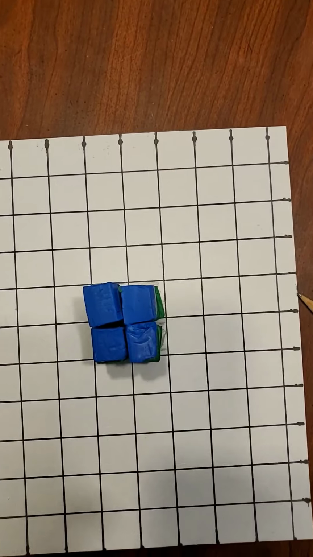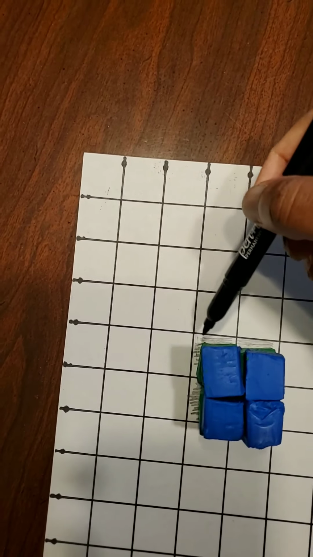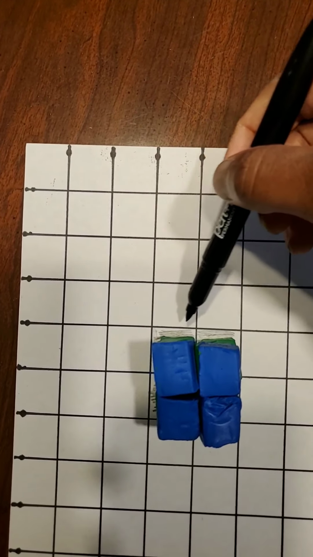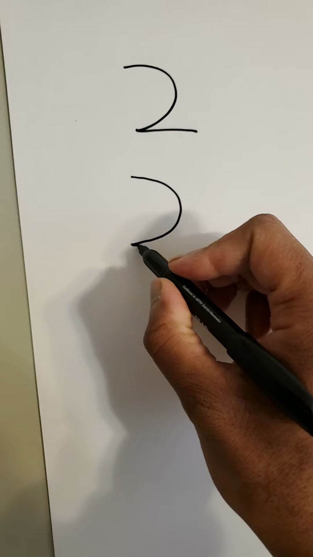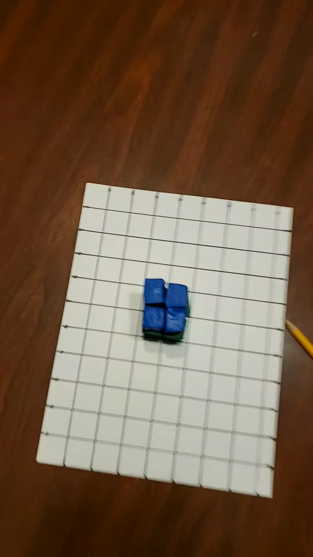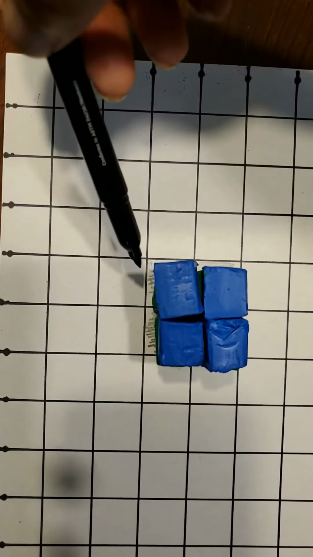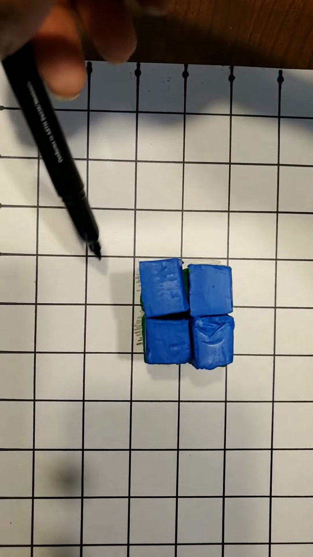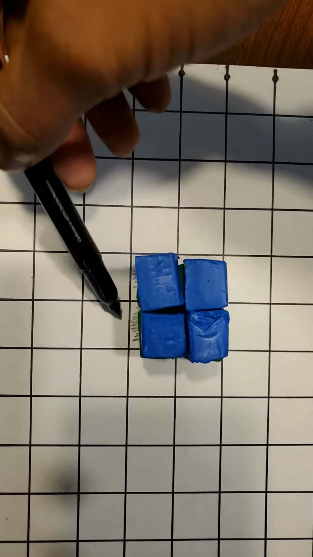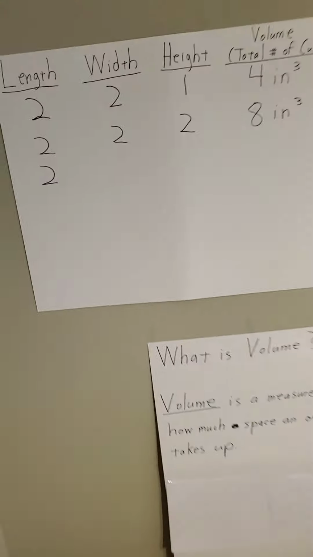So here is the length of our house. From here to here, 1 inch, 2 inches. So let's write 2 inches on our board. It's 2 inches long. Let's look at the width. From here to here, 1 inch, 2 inches. So it's 2 inches wide.